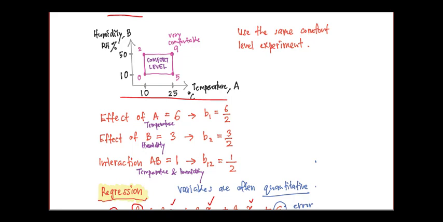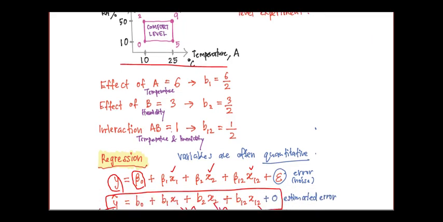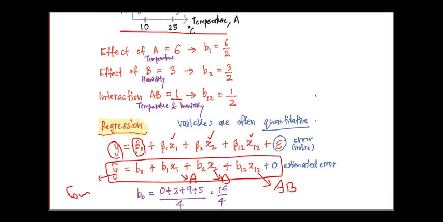So 6 divided by 2 is 3. For B2, if you remember, the main effect of B was 3, and the interaction effect was 1. We have calculated that already. So B12 is 1 divided by 2.